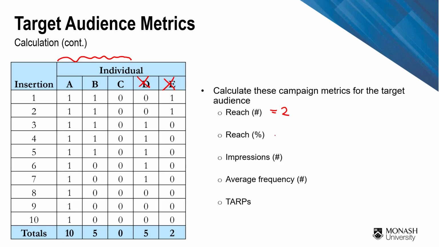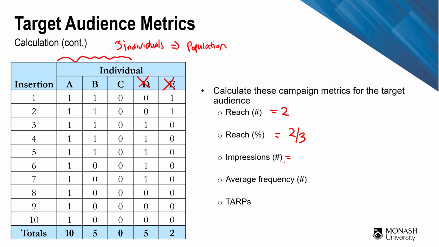Because of that, my reach percentage is basically 2 out of 3, because my target has only 3 people. These 3 individuals are my population. And impression, again, is the sum of the exposure. In this case, individual A has watched it 10 times, individual B has watched it 5 times, and individual C has not watched it.